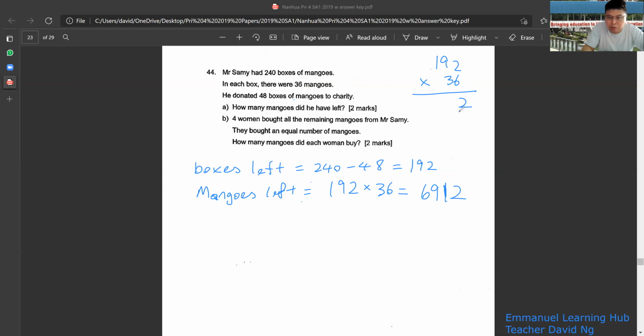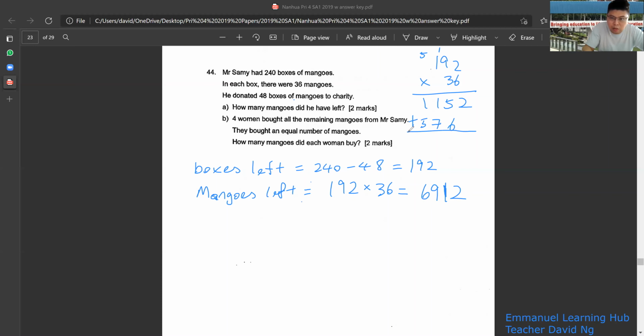2 times 6 is 12. 9 times 6 is 54. Plus 1 is 55. 1 times 6 is 6 plus 5, 11. 2 times 3 is 6. 9 times 3 is 27. 1 times 3 is 3 plus 2, 57.